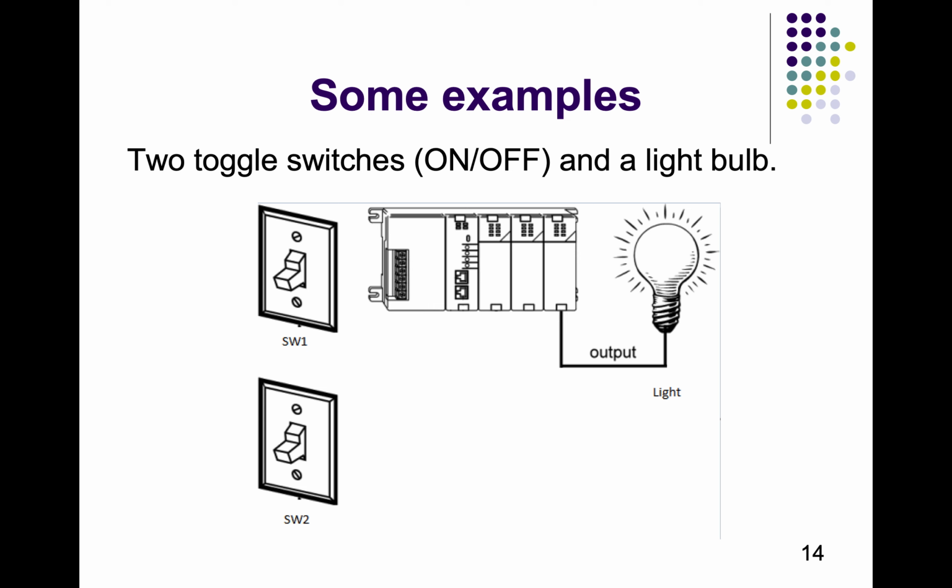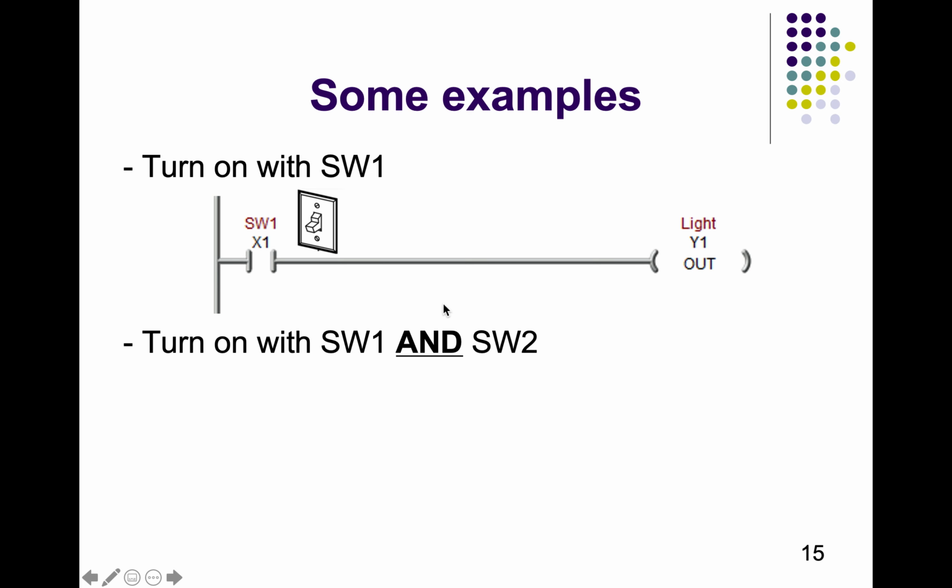Now we are going to see some programming examples, and for the first few examples I'm going to use two toggle switches, which are similar to the switches we have in our home, that can be turned on or turned off. Then we are considering an output of a light, and these are connected to the PLC.